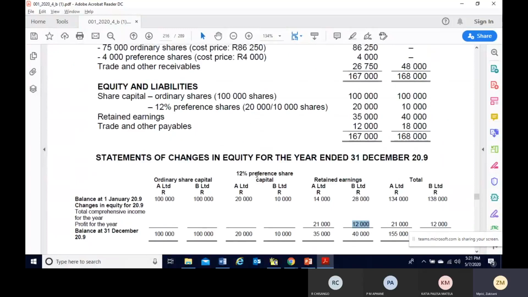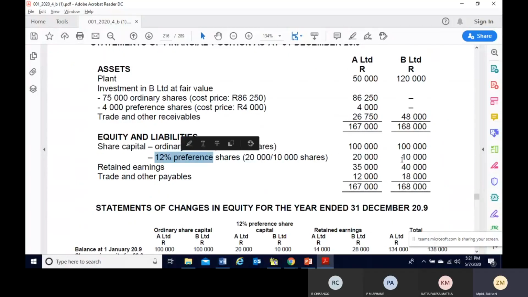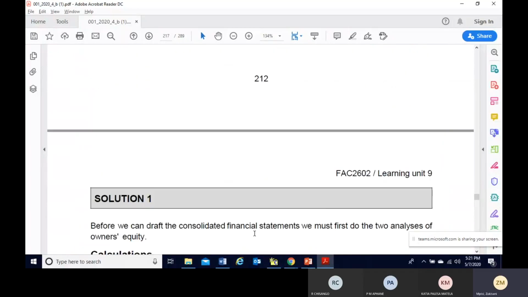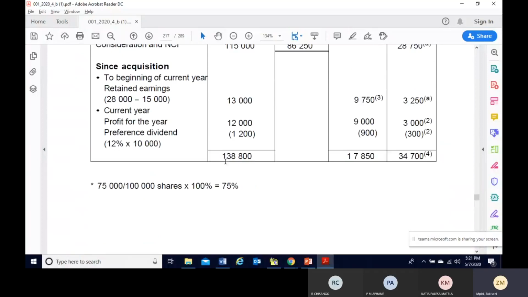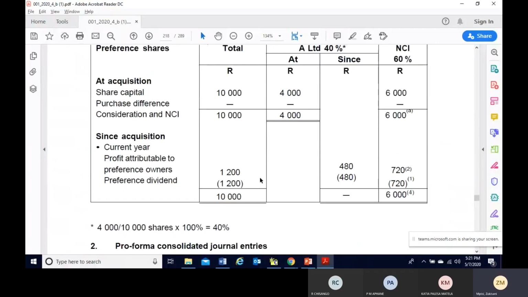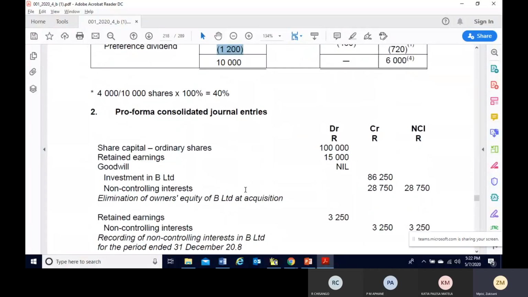Preference dividends will be 12% multiplied by 10,000 because they've been declared. So it's 1,200 that you deduct from the profit. On the preference share, you have to transfer the profit of 1,200 before deducting it here again. So this is not repeating it. This is mainly transferring the profit that you will use to deduct the preference dividend on.